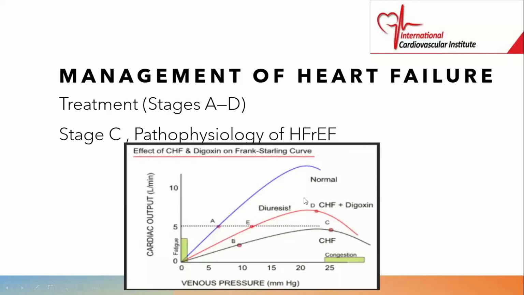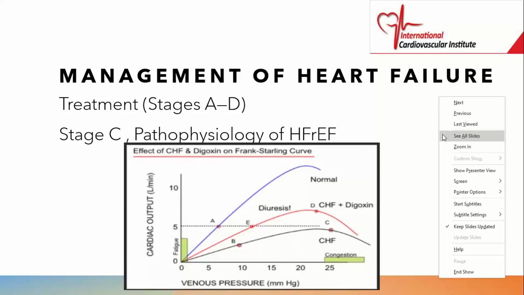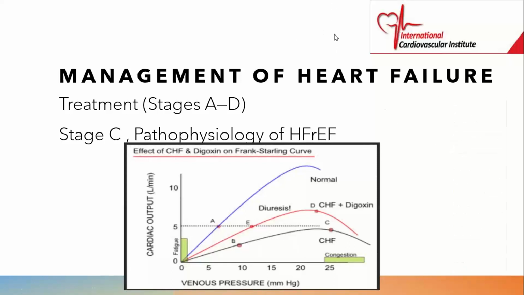If you compare to your normal curve and take any preload, let's take a preload of 15. On the normal curve, a normal person will be able to eject this amount of cardiac output. The failing heart is going to do just this amount of cardiac output, which is very low. When you get the patient here, this patient is huffing and puffing.